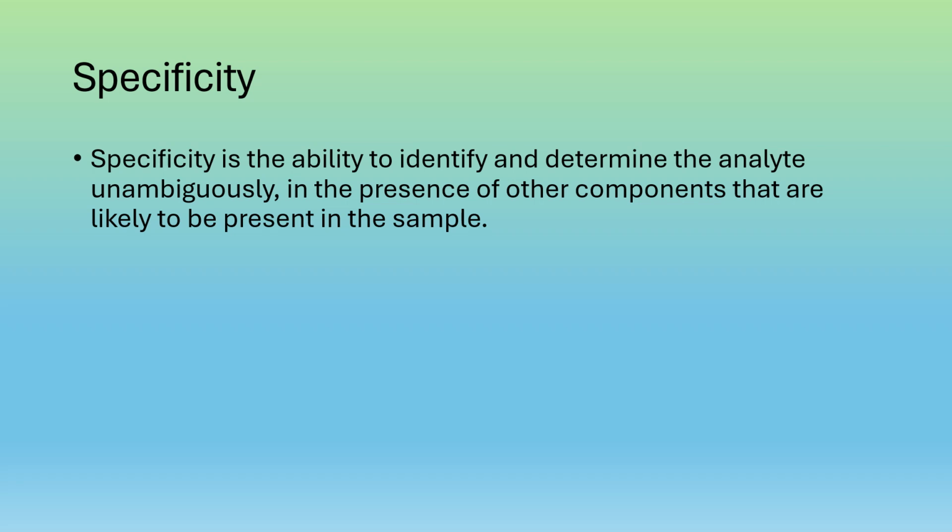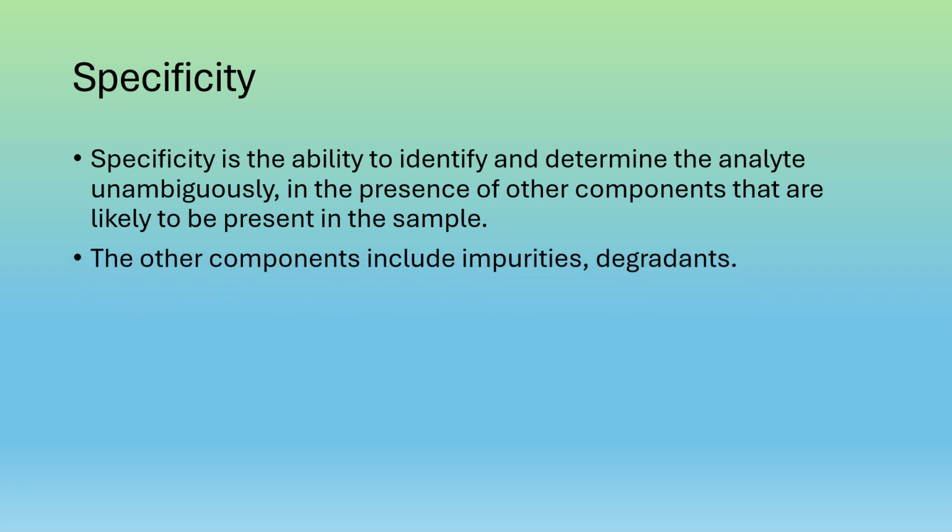In HPLC analysis, the retention time will be specific for a particular compound under specific test conditions. The other components include impurities, degradants. So the other components in API include the other co-eluting impurities and or degradants which will appear on either side of the compound of interest.